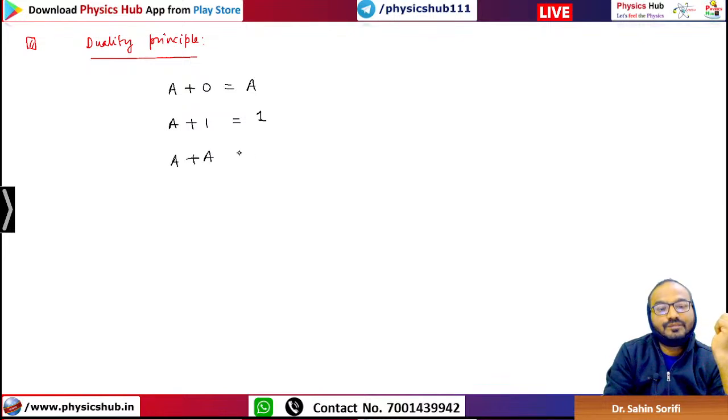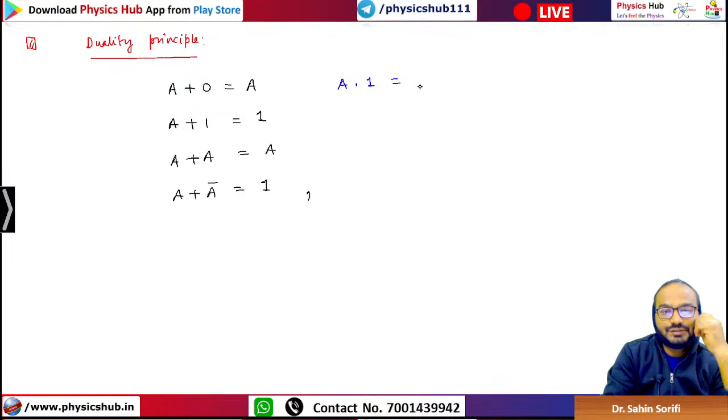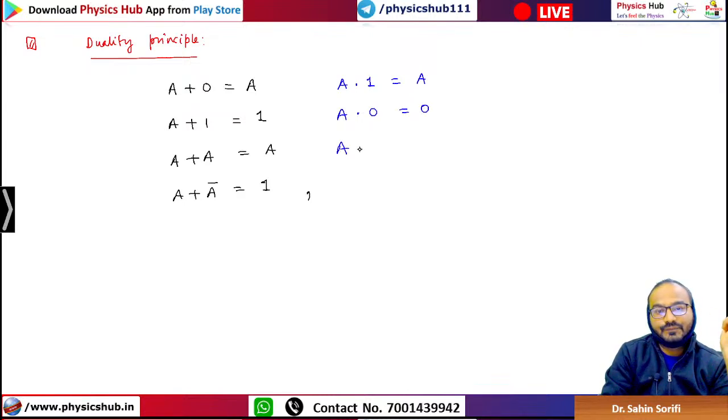A plus A is equal to A. A plus A complement is equal to 1. Now I am writing another set of equations. A dot 1 is equal to how much? A. A dot 0 is equal to 0. A dot A is equal to A, and A dot A complement is equal to 0.